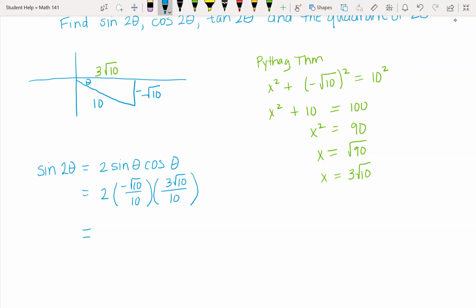Multiplying that all together, we're going to get, let's see, negative 60, I think, over 100. Yeah, and that simplifies to negative 3/5. So that's our answer for the first part.